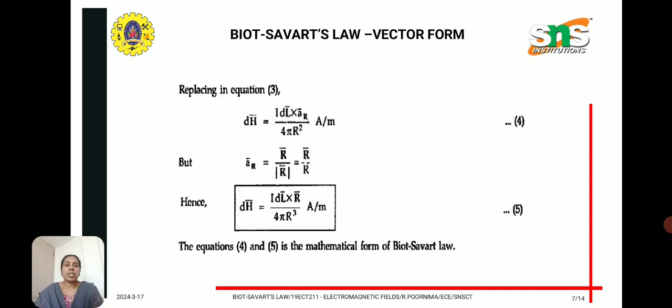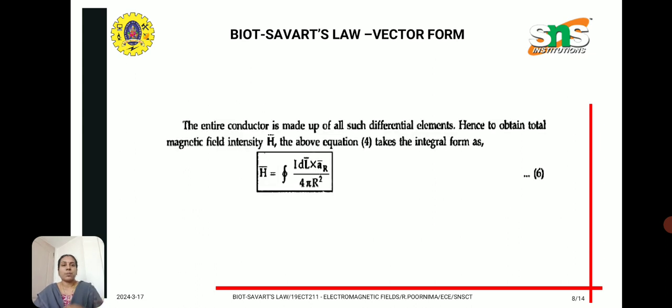Using this we can rewrite the magnetic field equation of Biot Savart law as I dl cross r cap divided by 4 pi r squared. We can write r cap as r vector by modulus of r vector. So the equation is obtained as I dl cross r divided by 4 pi r cube. So this is the vector form equation of Biot Savart law, where we find the magnetic field intensity.